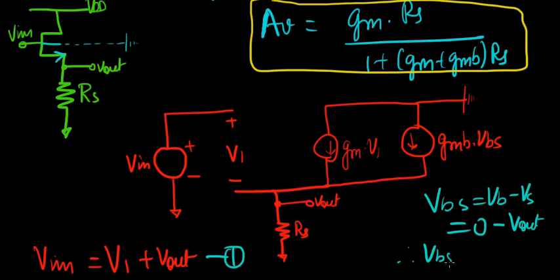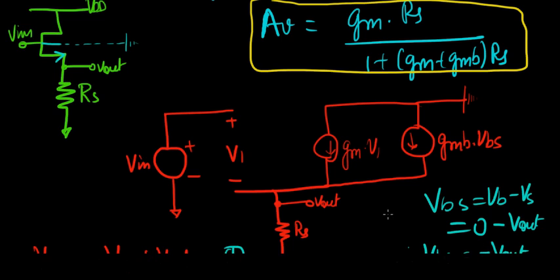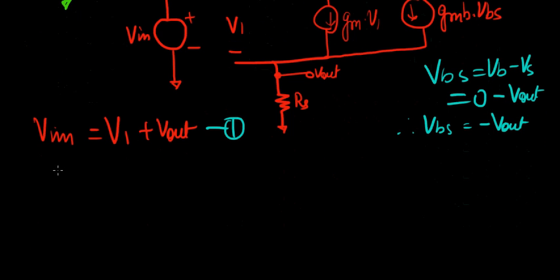Therefore, VBS equals negative V out. Let's put that here as the second equation. VBS equals negative V out.